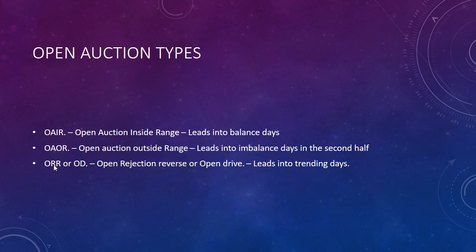Open rejection reverse is where it opens at a price and never looks back at that price. Open drive is where it opens somewhere, goes a little bit down or up, and then a drive starts in one direction. A drive is nothing but a single print move. So from the open and the opening 1 hour activity, you can really get a sense of whether the day could turn out to be an imbalanced day or a balanced day.